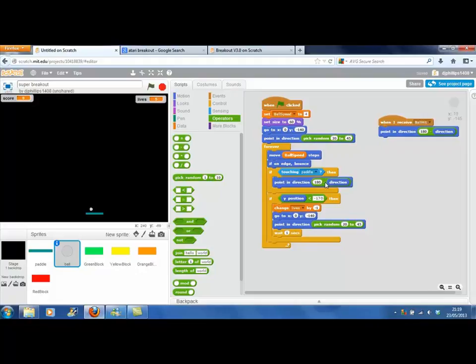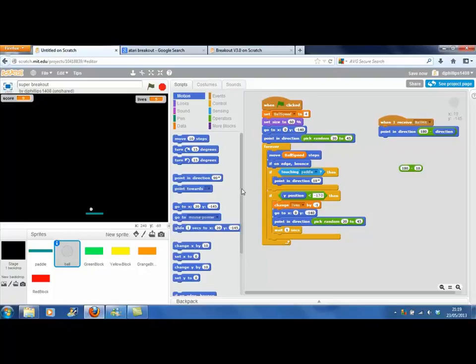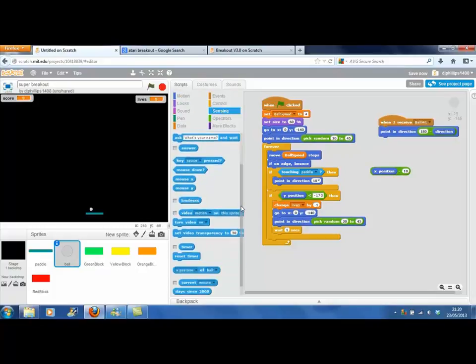So instead of doing point in direction 180 minus direction, actually, I still want to use the minus. I'm on the ball, so I want to choose my x position, take away the x position of the paddle, and you can get that from Sensing here.